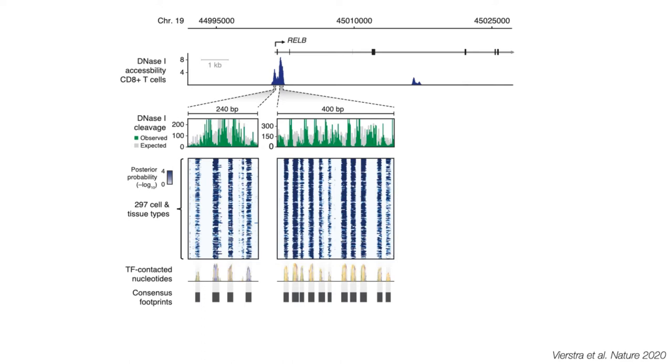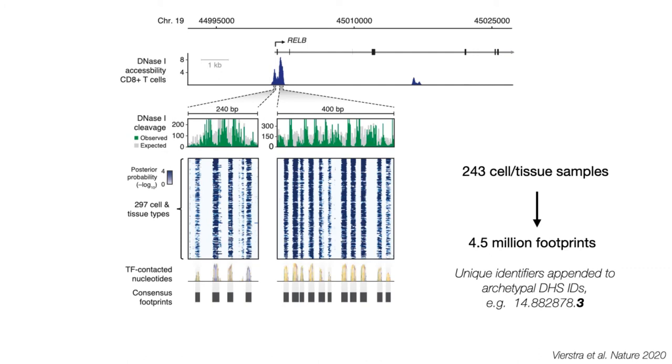And again, this can be integrated across a wide range of different cell and tissue contexts, and done in not only a counting fashion, but also taking account of a full Bayesian model that encompasses all of the data, and this will be discussed further by Jeff Vierstra later in the morning. Essentially, what this allows you to do is to identify reference TF-contacted nucleotides and to call consensus transcription factor footprints.